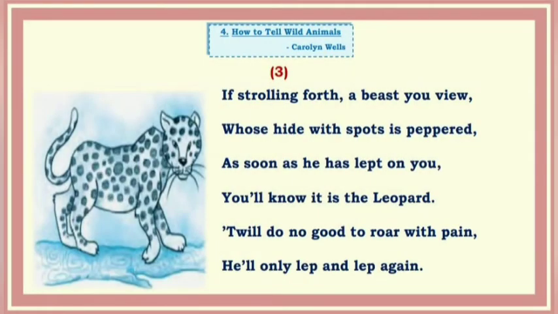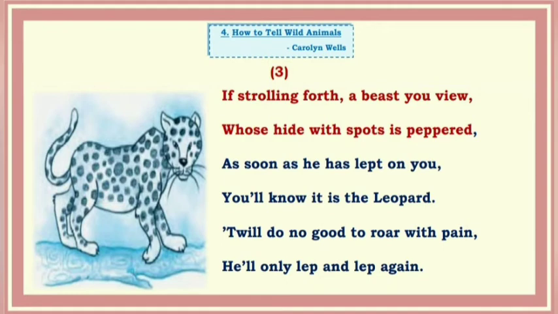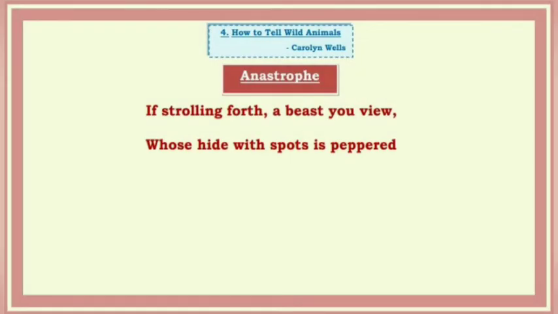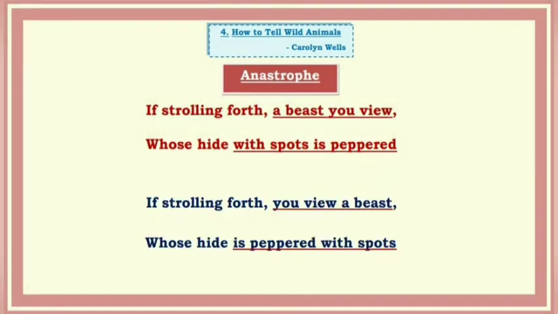Again, let's have a look at this. If strolling forth a beast you view, whose hide with spots is peppered. Here too the word order is changed from its normal word order. That is, if strolling forth you view a beast whose hide is peppered with spots.